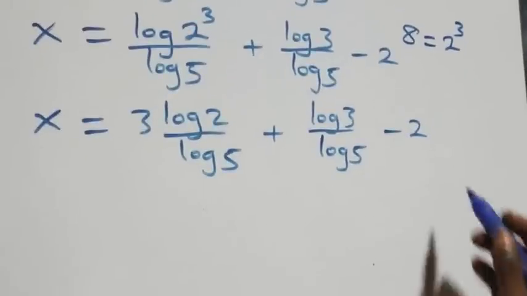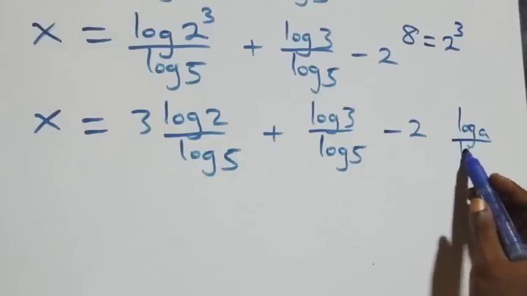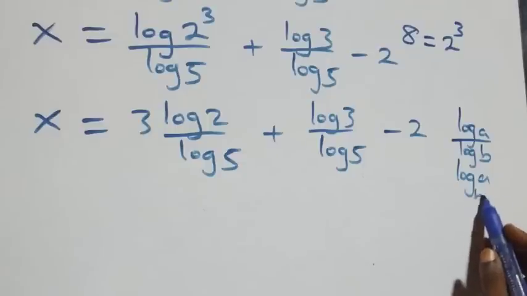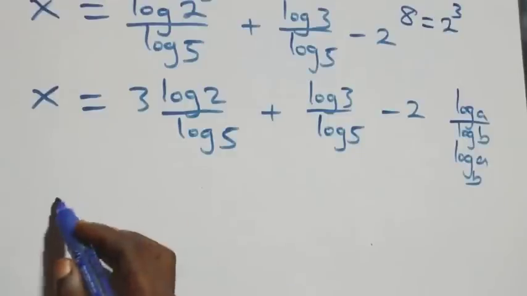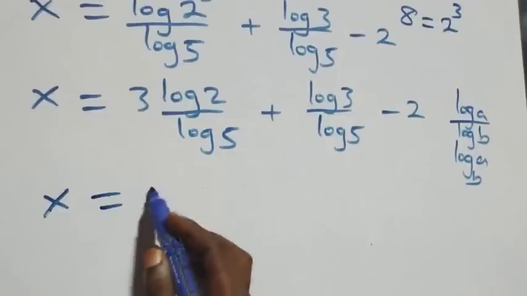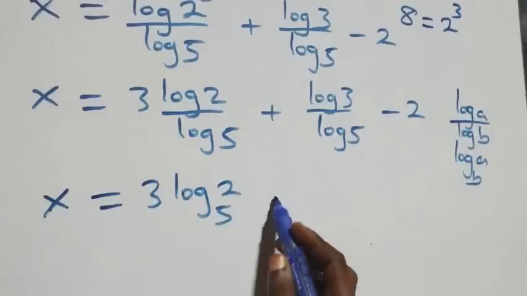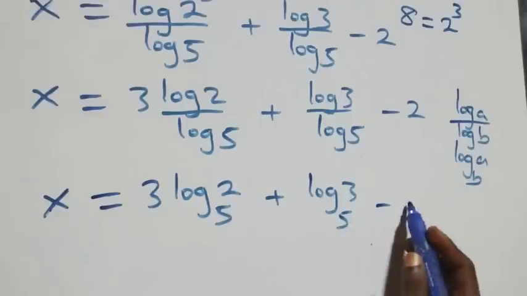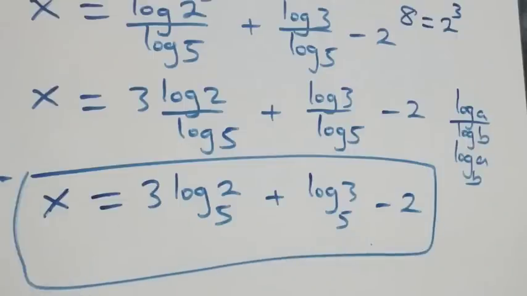So when we have log A over log B, which is the same thing as log A to base B, then what we have now becomes x equals 3 log 2 base 5 plus log 3 base 5 minus 2. So here we have the value of x in this problem as 3 log 2 base 5 plus log 3 base 5 minus 2.